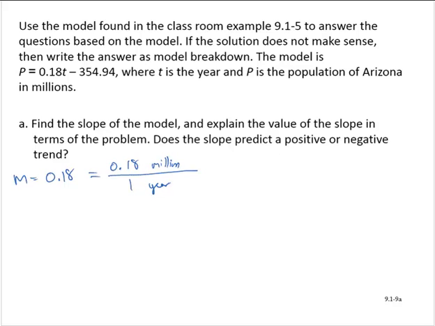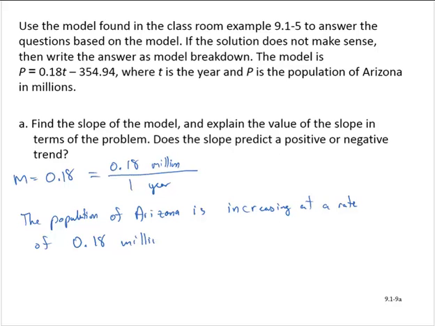Alright, so what that's telling us is the population of Arizona is increasing at a rate of 0.18 million people per year. Since the slope is positive, this is a positive trend.